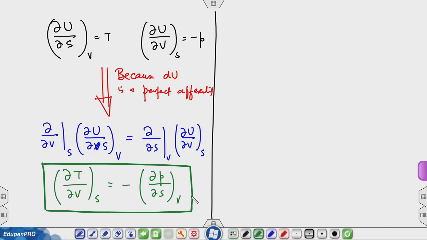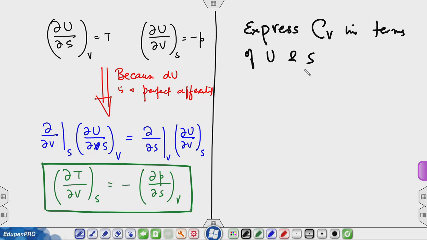And these can be used very effectively in carrying out thermodynamic calculations and manipulations. Now, using U and the central equation, we will also express Cv in terms of U and S.